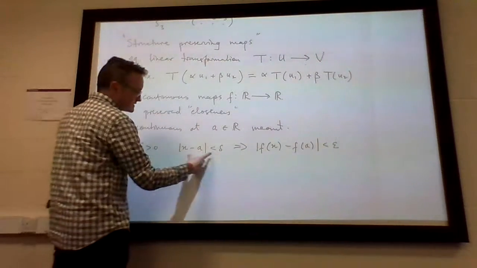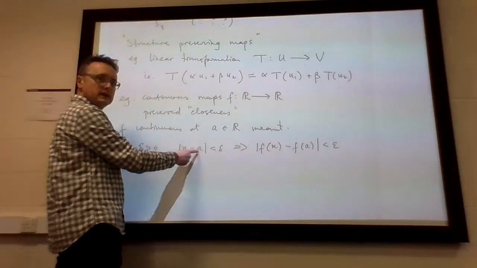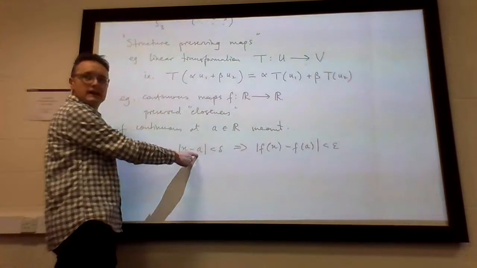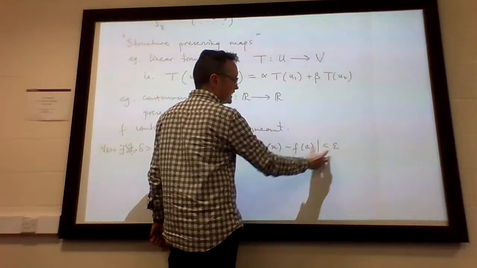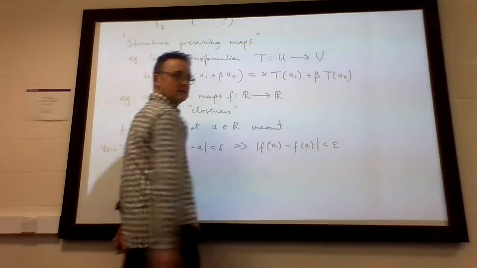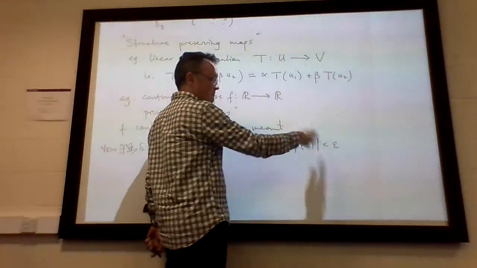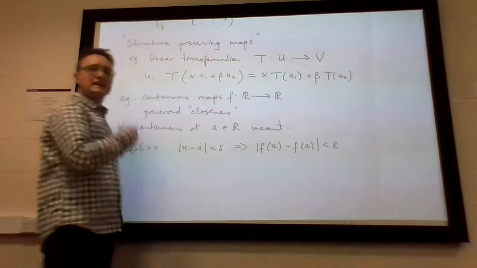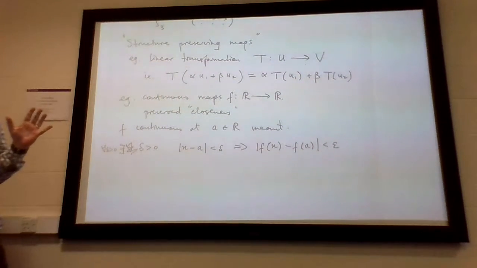You see, this thing is saying X is close to A. X is within a distance delta of A. And this is saying F of X is within a distance epsilon of F of A. So this is talking about being close to A. This is talking about being close to F of A. And a continuous map was one that somehow preserved that notion of closeness.